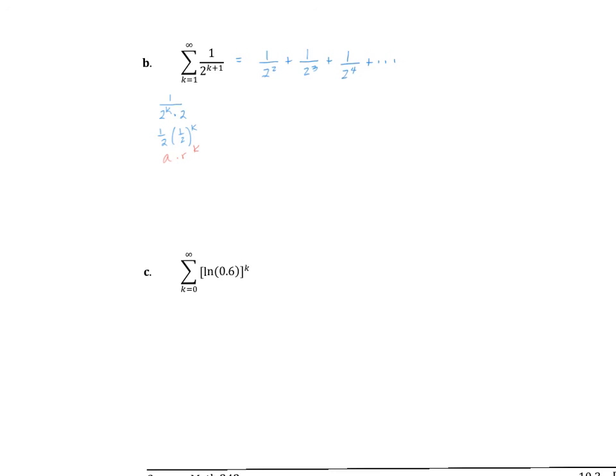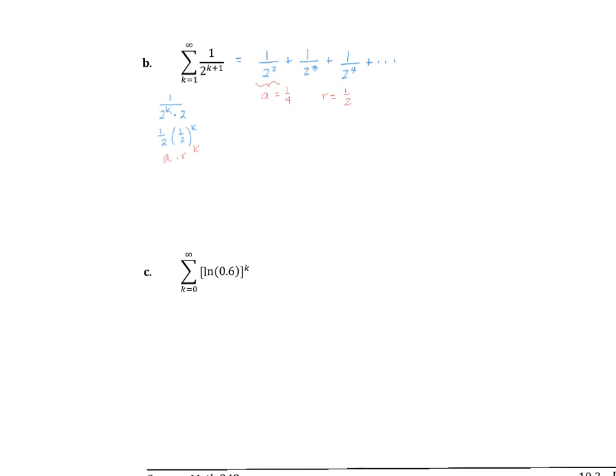So when I expand it out, I can see, yes, this is a geometric series. This first term is my a value, which is 1/4. And then I could see my r is equal to 1/2. That's what I multiply each term by to get to the next one.